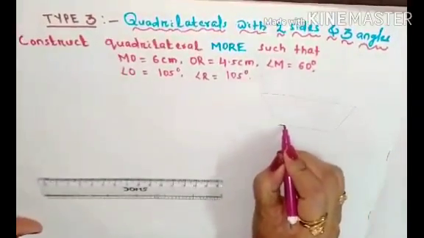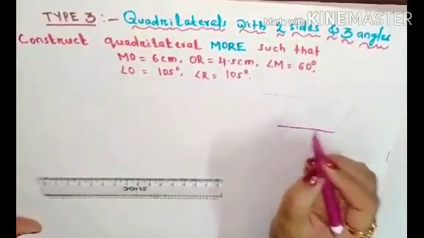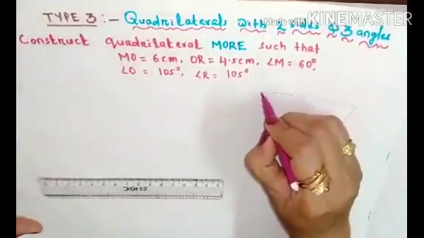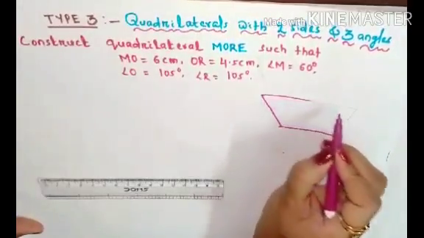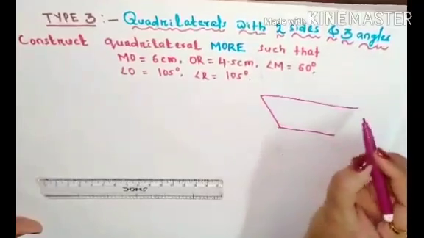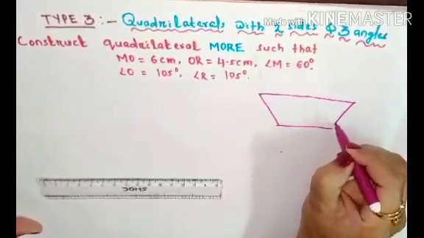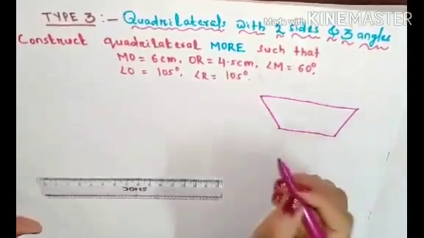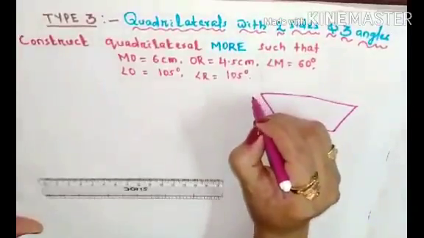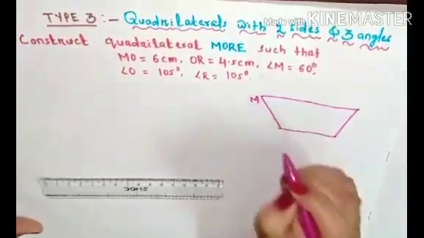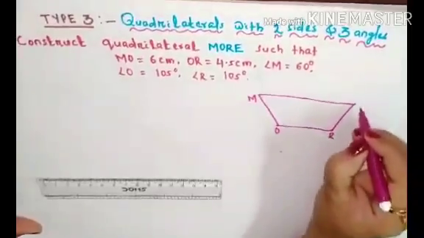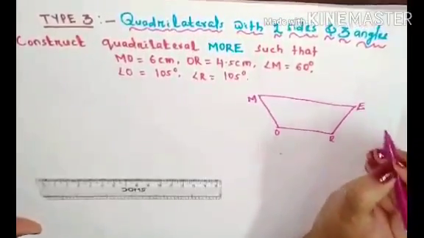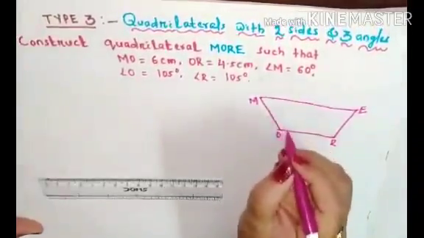So here I am going to draw a rough sketch. So this is your M, O, R, E. Write down all the measurements.